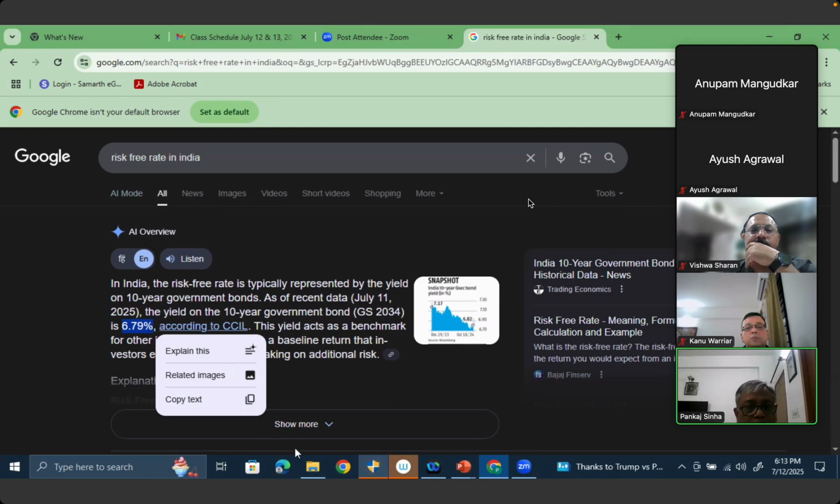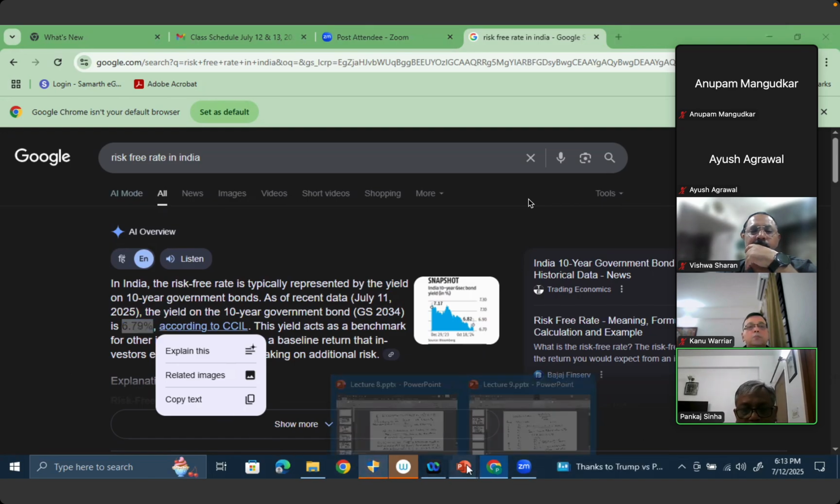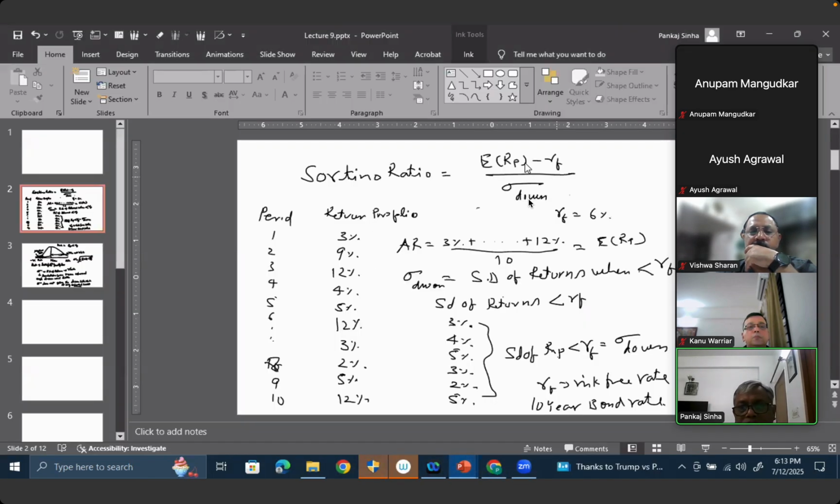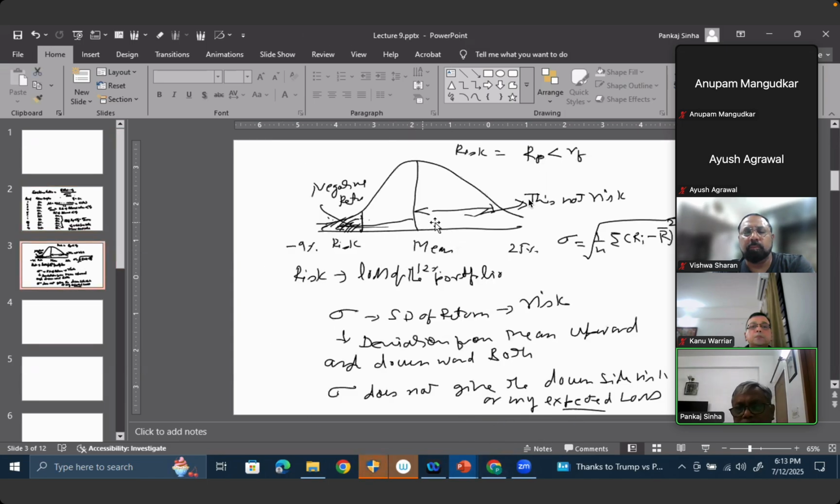And that's why Sortino criticized the Sharpe ratio, and also criticized the Treynor ratio. Treynor ratio, beta, is again talking about the correlation between the risks. Obviously, they are talking about the systematic risk, but still, any deviation from mean, on the right side too. Mean is suppose 12%, and my portfolio is giving me 20% return.